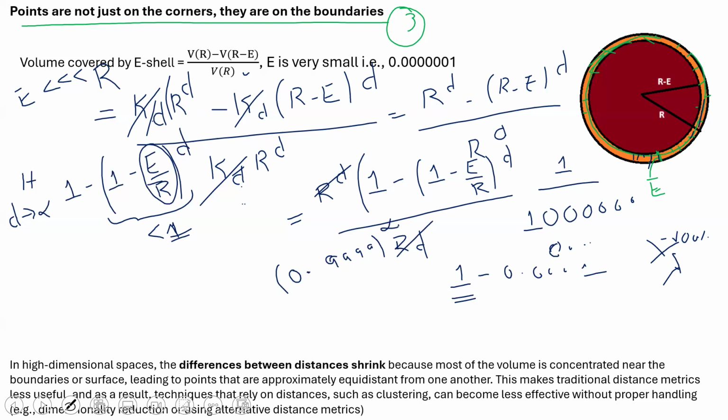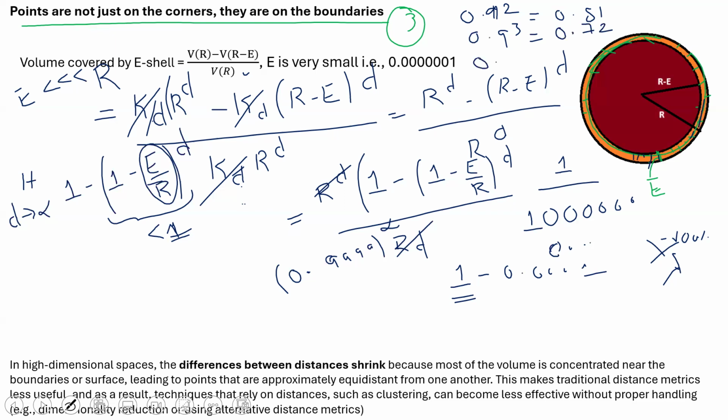If I multiply 0.9 square, what is this becoming? 0.81. 0.9 cube, what is the value of this? 0.9 into 0.9 into 0.9 is 0.729.